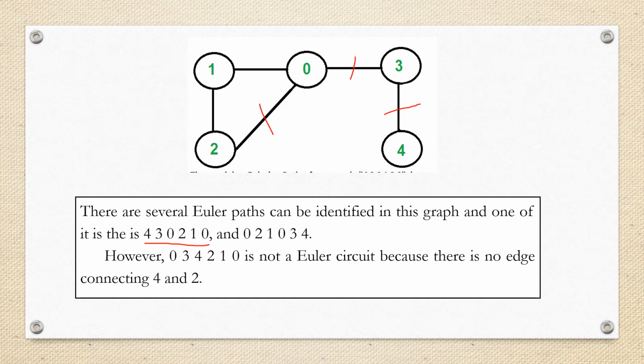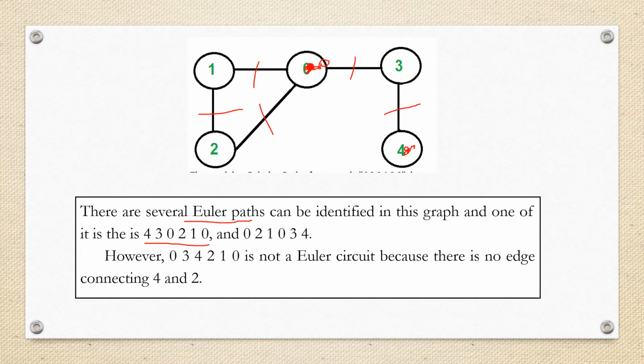Then from 2 to 1, nagamit na ito. And then from 1 to 0. So this is an example of an Euler path. Nagamit natin lahat ng edges dito sa graph na ito, pero ginamit natin ng isang beses lamang. We started at 4, but we end at 0. Yan ang Euler path.